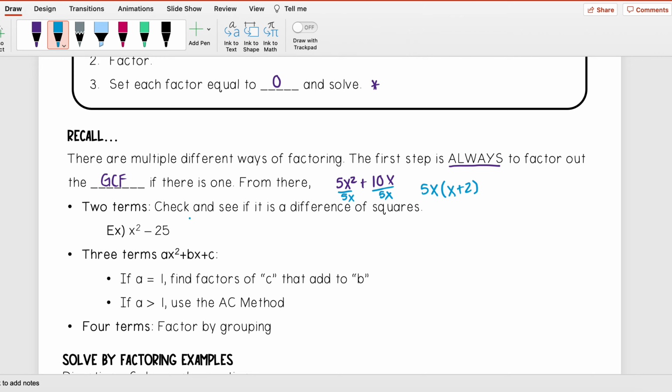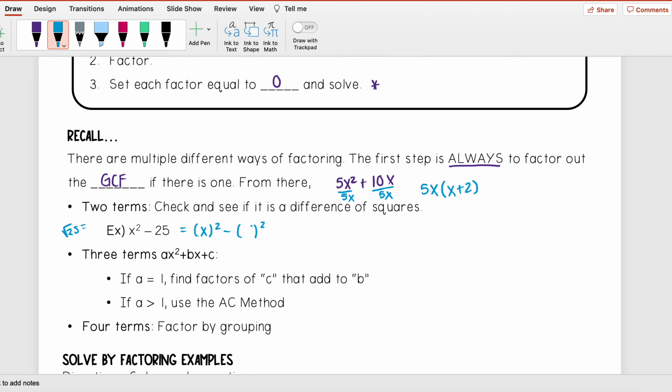But let's say you had 2 terms, and let's say it is a difference of squares. So let's say I had, for example, x squared minus 25. If you remember, for this, our first step is to write this as a difference of squares. So I would have x squared minus, and then I have to figure out what number squared gets me 25. And if you recall, the easiest way to figure that out is just to take the square root of 25.